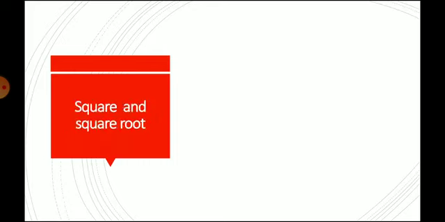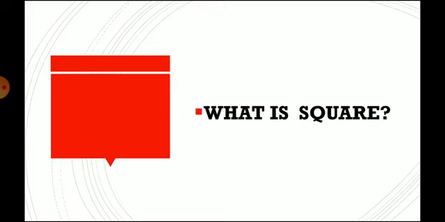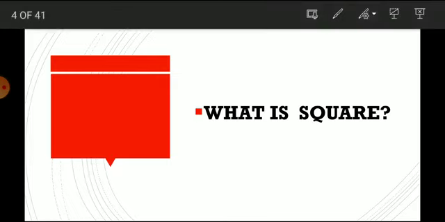In this chapter we will discuss square and square root. Can you guess what a square is? Have you heard this word? I hope you have heard it and learned some things about the square. So what is a square?